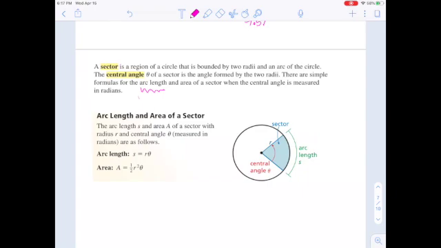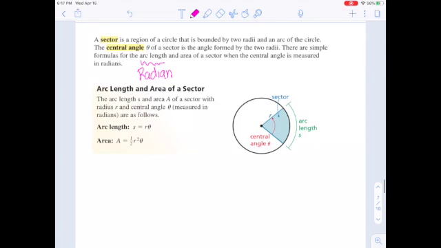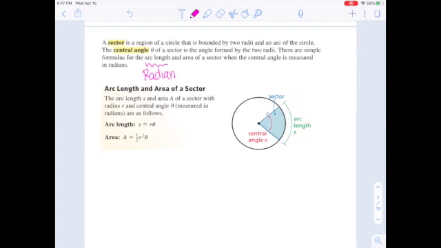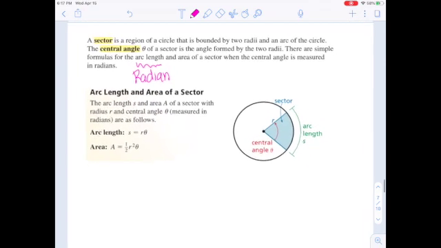And there are 2 simple formulas for arc length and the area of a sector when the central angle is measured in radians. So this is taken off of the unit circle. We're not talking about a unit circle.